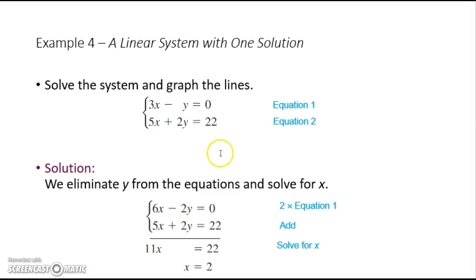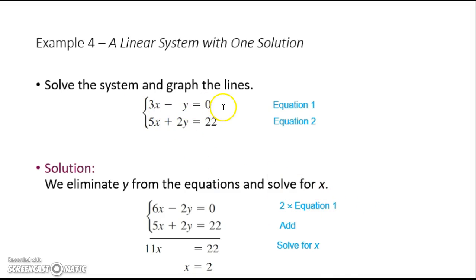So let's look at this system. 3x minus y equals 0, 5x plus 2y equals 22. The coefficients of x are not the same, and the coefficients of y are not the same. So this is one where we're going to have to do some manipulating to get the coefficient of one of these variables to be opposite in sign and the same value so that when we add them we get 0.